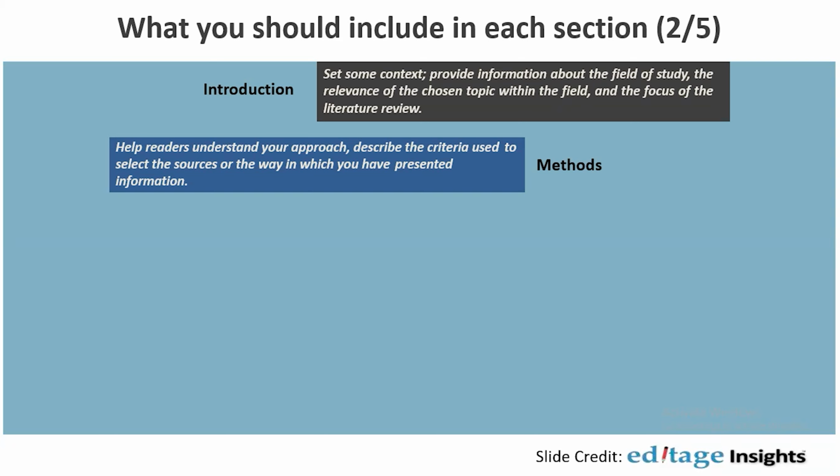Also mention how you reviewed the literature, like using chronological order or a thematic approach, or anything that will make it clearer to the reader, for example that I have explored IEEE, ScienceDirect, and so on. You can also mention like this.